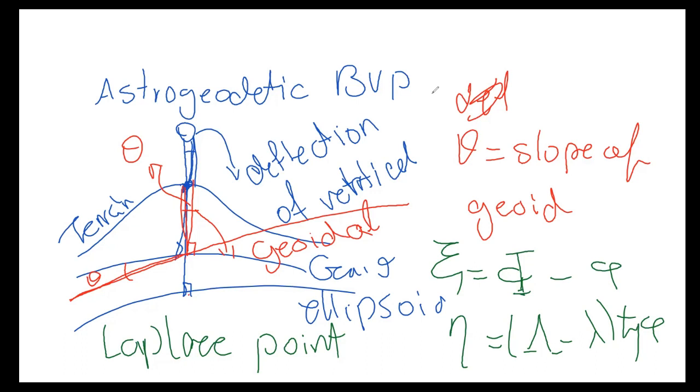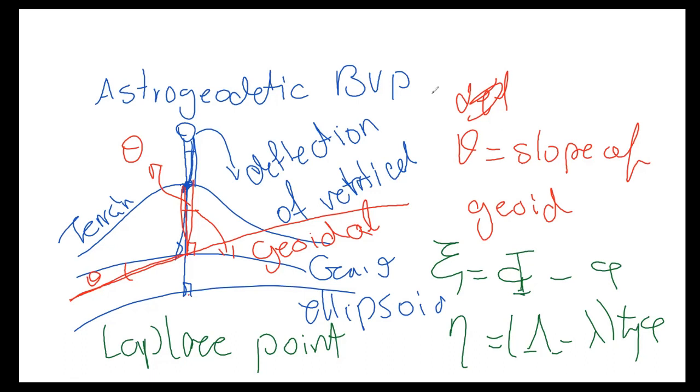That's called geodetic. The geodetic quantity is purely mathematical, and the astronomical coordinates are purely physical, because they are very much affected by the gravity field.